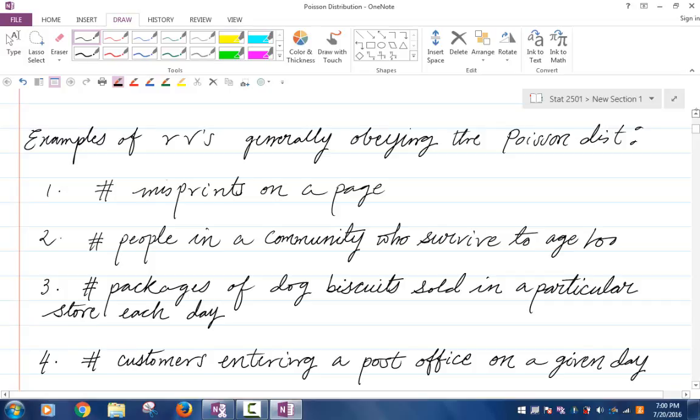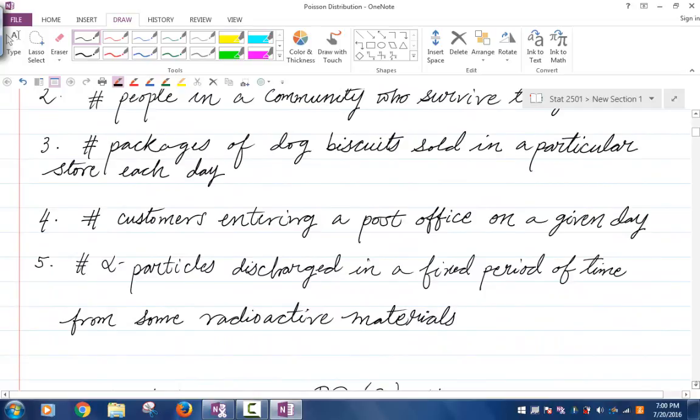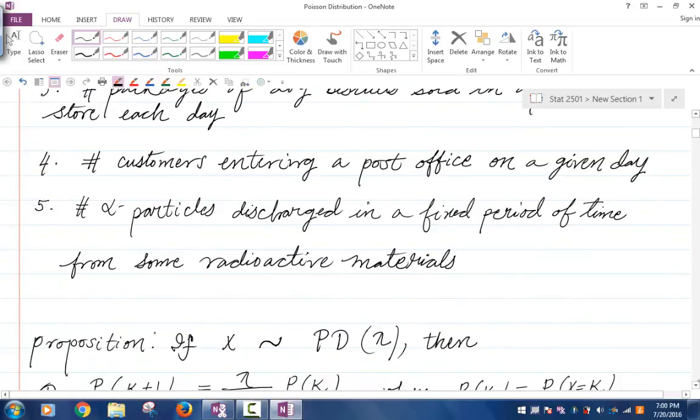number one, the number of misprints on a page, the number of people in a community who survive to age 100, the number of packages of dog biscuits sold in a particular store each day, the number of customers entering a post office on a given day, the number of alpha particles discharged in a fixed period of time from some radioactive materials, and there are many more examples, like the number of patients waiting in the emergency center, the number of customers waiting on a line at an ATM booth during a specific period, and so on.